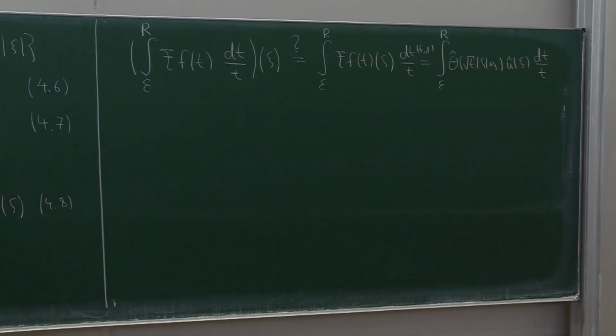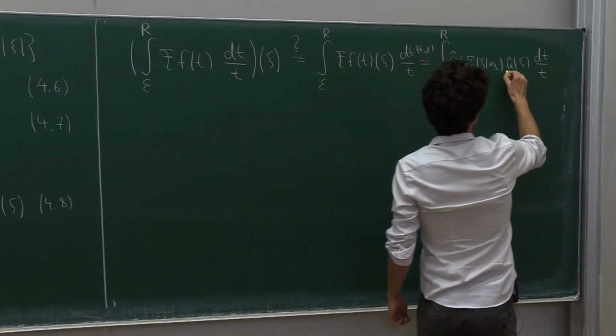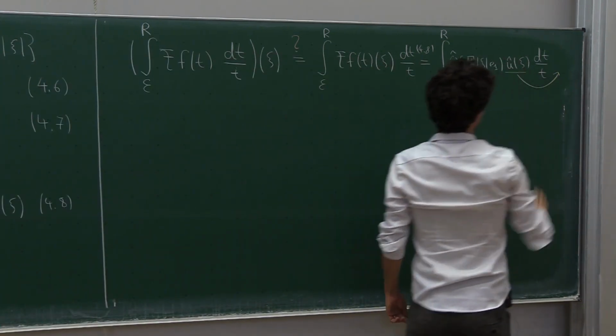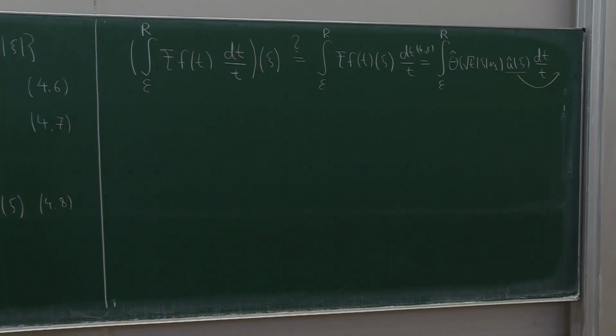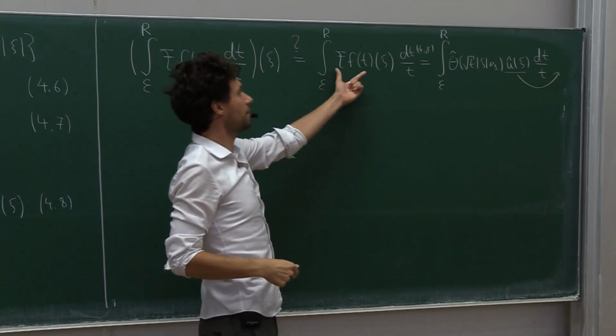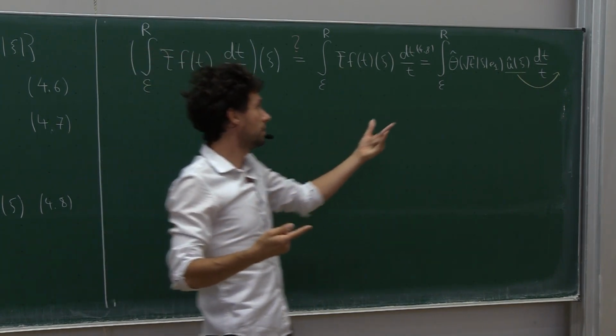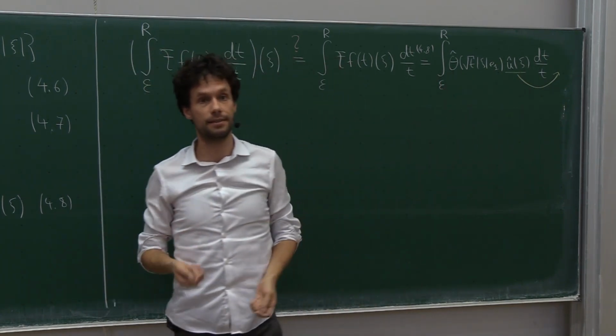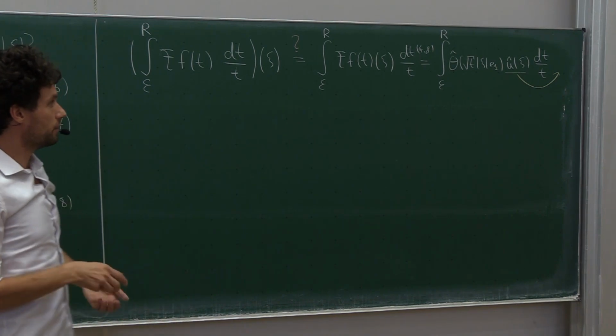Okay, and that's a good thing because u hat of xi is independent of t, so it would go out. And this is precisely what I gain if I'm able to move this exterior variable inside, then somehow I'm able to decouple the action of u and theta hat. So the u hat of xi goes out.